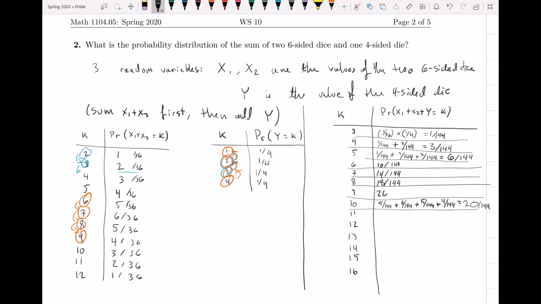And 9 is also 20 over 144. Because both of these are perfectly symmetric, so is their sum. So we have 1, 3, 6, 10, 14, 18, 20, 20, and it just counts down: 18, 14, 10, 6, 3, 1. And of course these are out of 144.